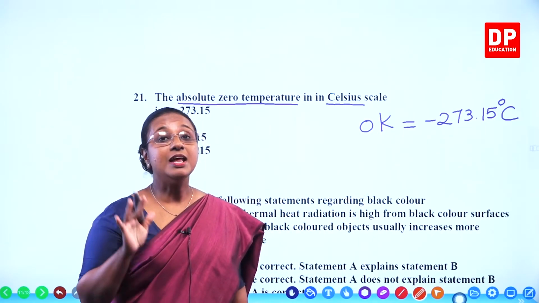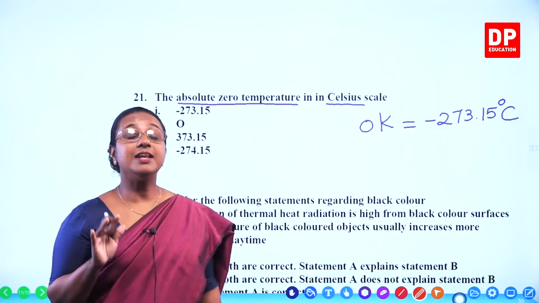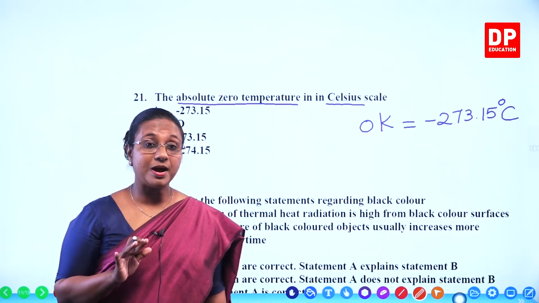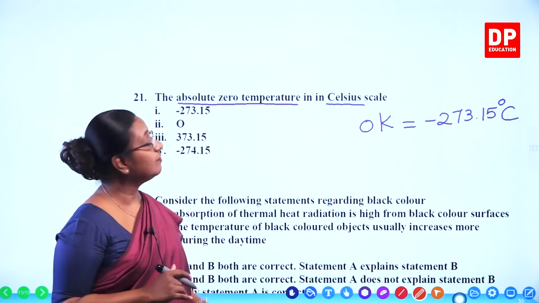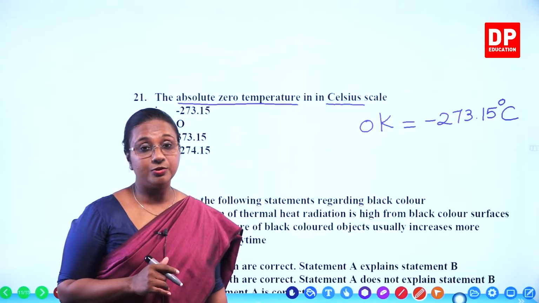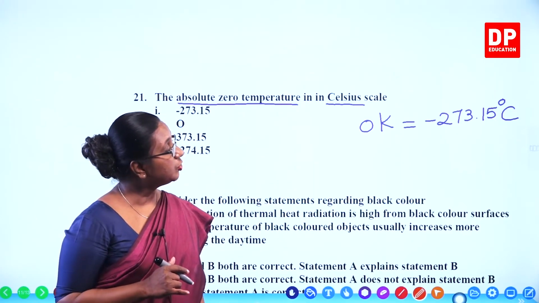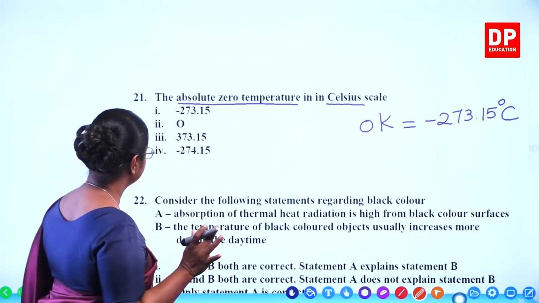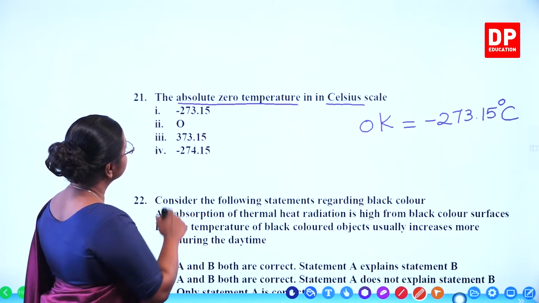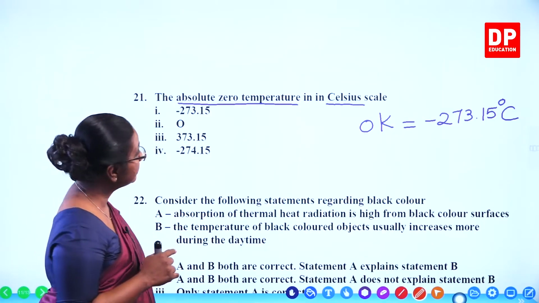That is when there is no heat energy, or the mean kinetic energy of the constituent particles of a certain substance is 0. That is what we call absolute zero temperature, 0 kelvins, equal to minus 273.15 degrees Celsius.